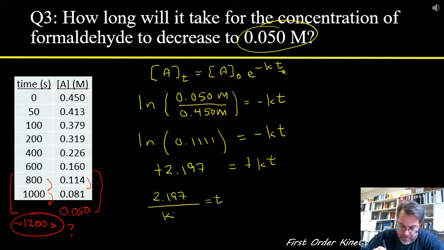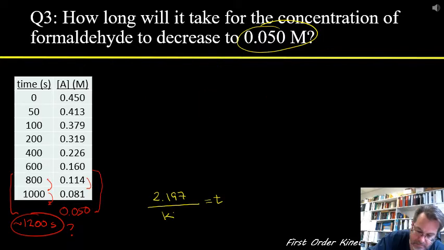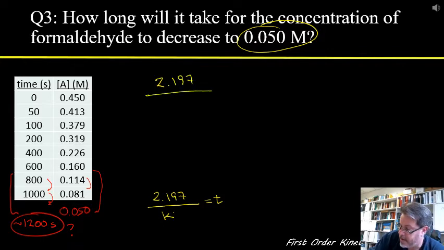I'm going to clear space again. All right. So this is 2.197 divided by k. And remember that k is, what the heck is k? 1.72 times 10 to the minus 3 reciprocal seconds. All right.